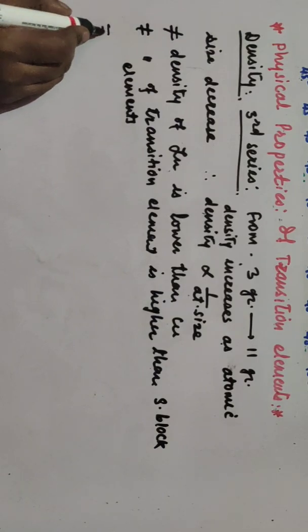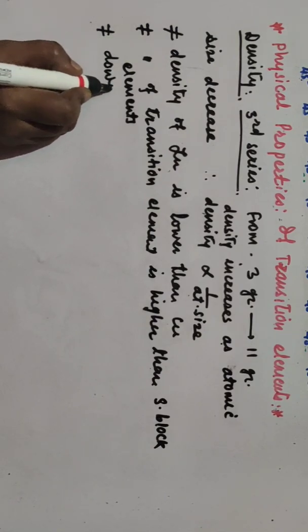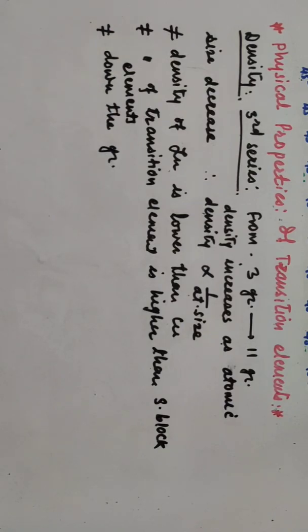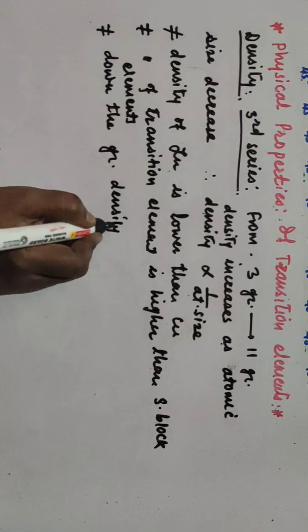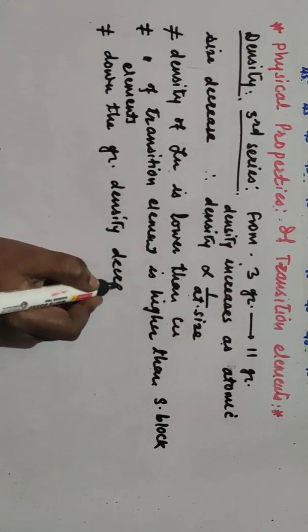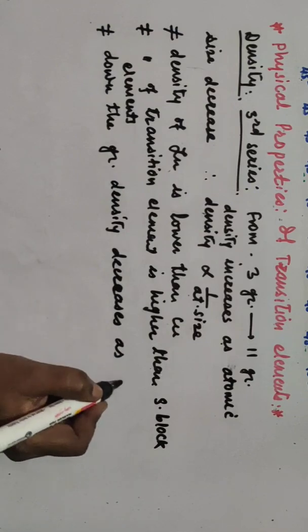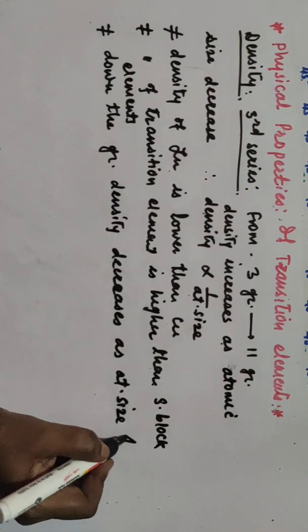So down the group, what happens with the density? Does density go on increasing or decreasing? Down the group, density decreases as atomic size increases.